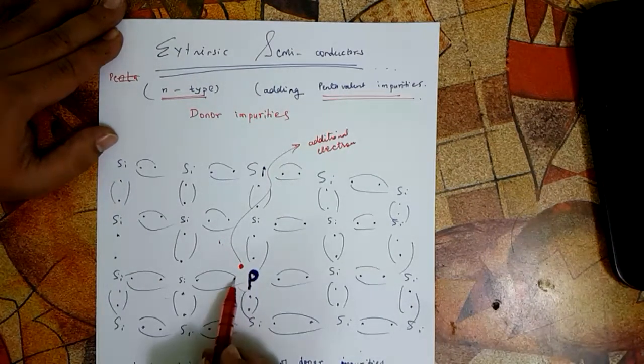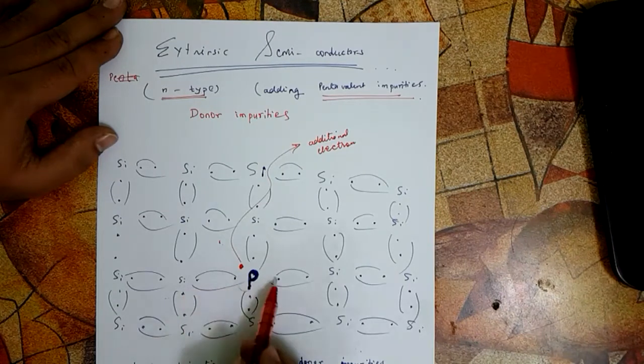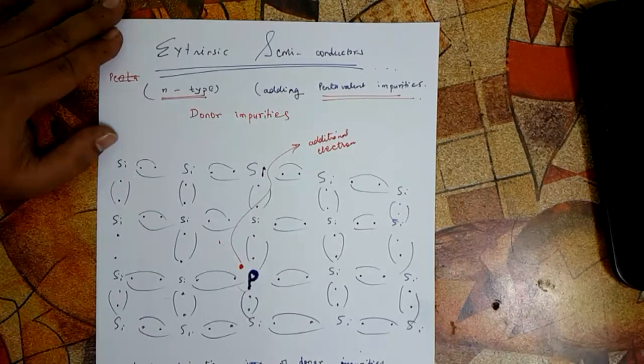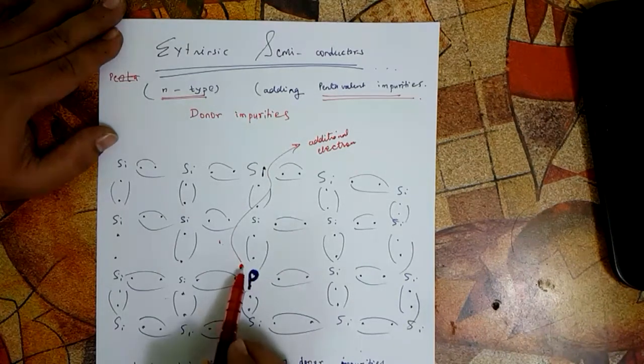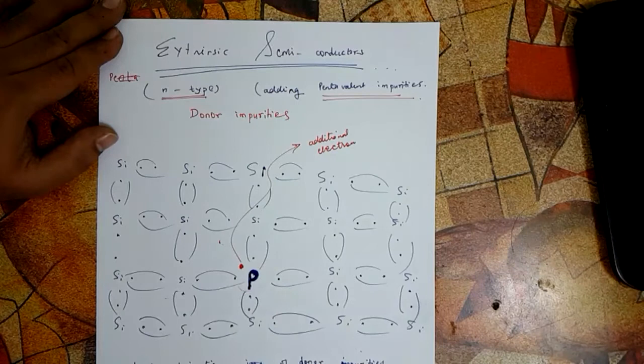So 4 of the electrons of this phosphorus make a covalent bond with the silicon atoms. But what about the last one? This is additional, the 5th electron. What happens to this 5th electron? The 5th electron is loosely attached to the phosphorus.